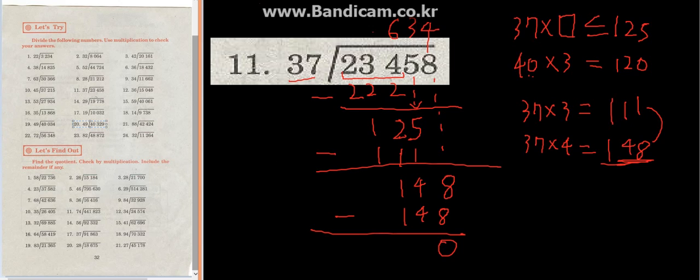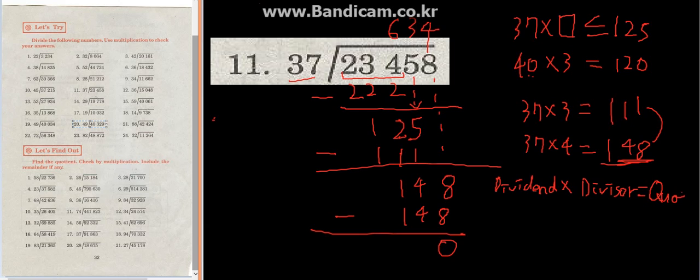How do we check? We multiply the divisor, which should be equal to the quotient.